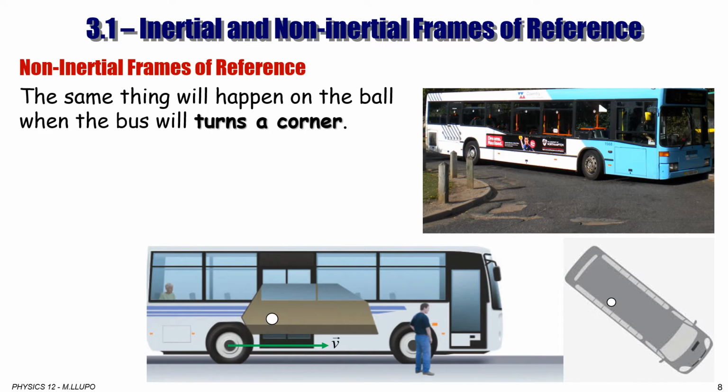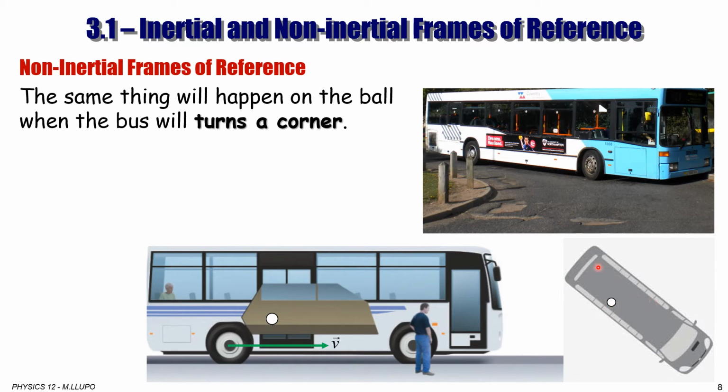So the ball is still on the floor of the bus, but it is on a non-inertial frame of reference. As a result, the person in the bus is going to see the ball accelerating. They are going to see the ball moving sideways. So it's going to move in that direction, sideways.